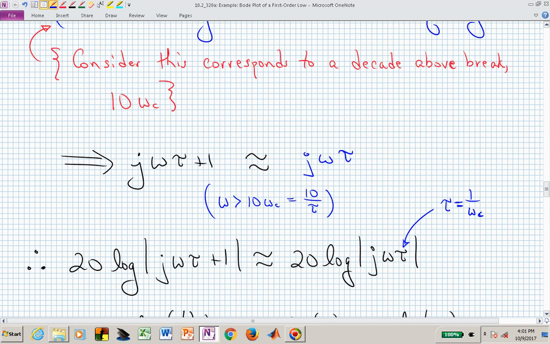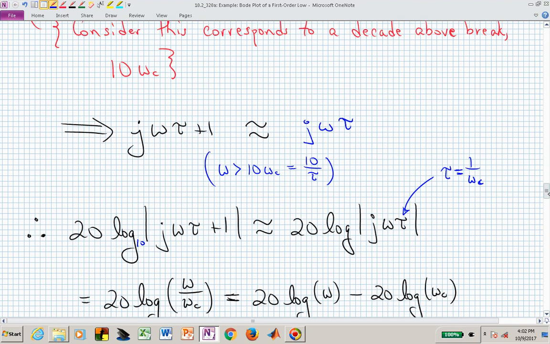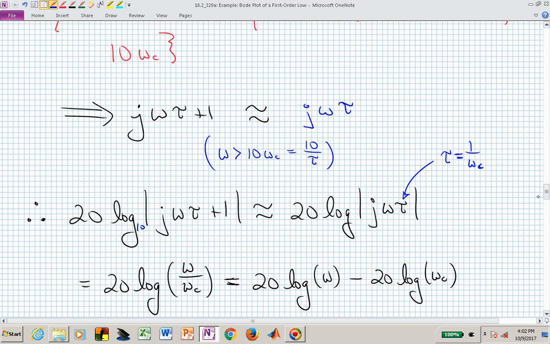We can now say 20 log for this high extreme frequency case is the magnitude base 10 of j omega tau plus 1. That's now 20 log. We're throwing away the constant. It's now the magnitude of j omega tau. And tau, again, is related to the cutoff frequency reciprocally. So tau is 1 over omega sub c. We now can say we're equaling 20 log of omega over omega sub c.